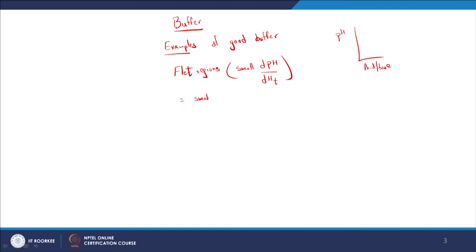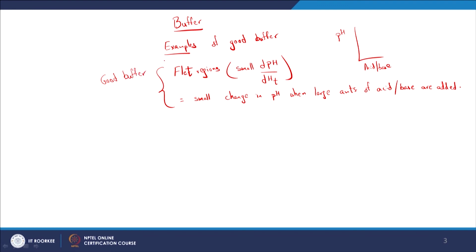That means small change in pH when large amounts of acid or base are added. This is what we see. So in these flat regions, we see that the system is a good buffer.